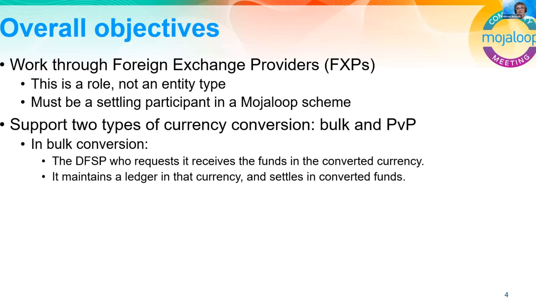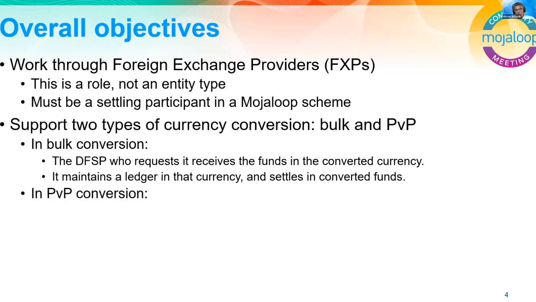For instance, if my home currency is Malawian kwacha, and I frequently deal with customers who transact in Zambian kwacha, it would be possible for me to do a bulk purchase of Zambian kwacha, and then simply to have transfers routed against that balance when I've got it. So rather than getting currency conversion each time.